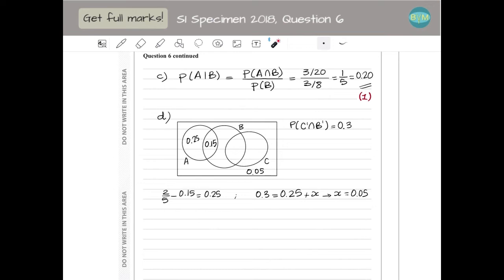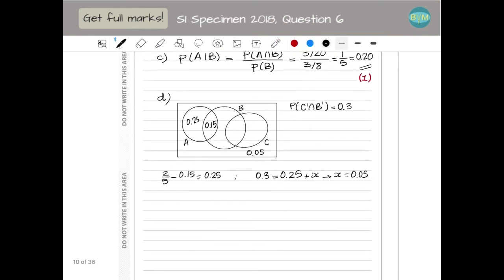We know that if we are able to find this intersection, that would be the way, because when we know this intersection, we would know how to fill this and this. So let's see how we can find the intersection. We know again that the union, B union C, is going to be probability of B plus probability of C minus probability of the intersection.